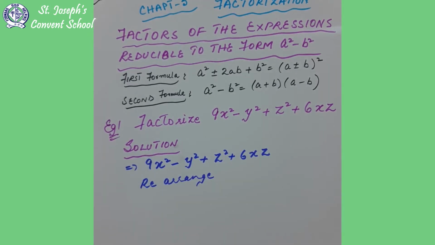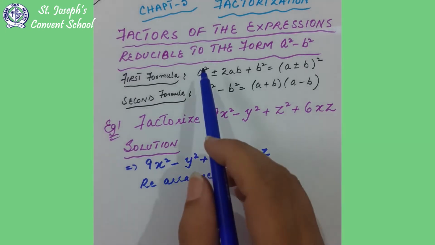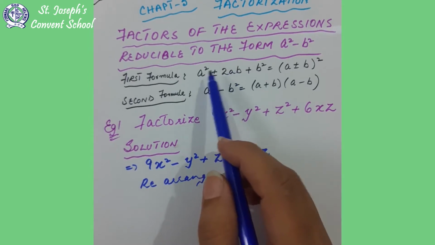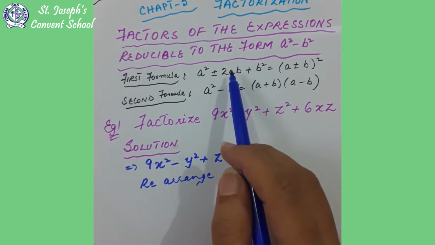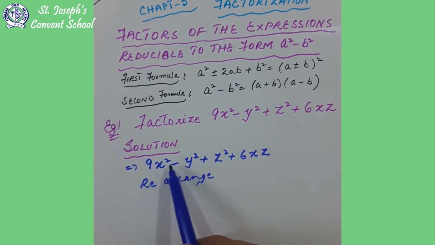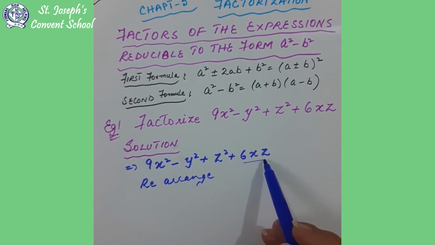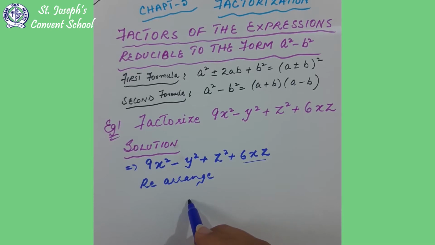So the first formula is a square plus 2ab, and 2ab is the product of the first and last term, right? You can see a square and the last term is b square, so the middle term is the product of the first and last terms. So we will find the middle term first in the question. In all these you can see x square, y square, z square, and this is a product. 6xz is a product, so it means that 6xz is the middle term according to the formula, with sign plus.